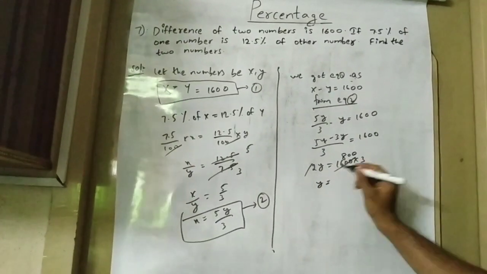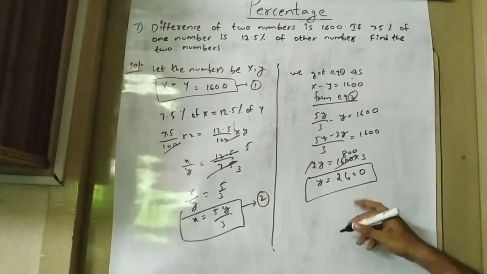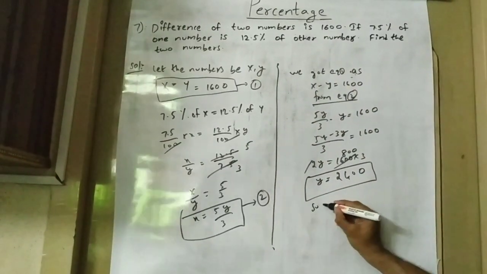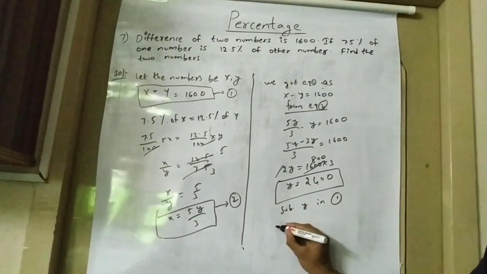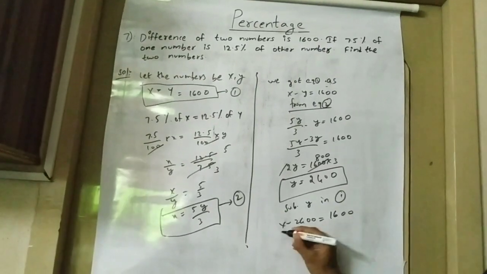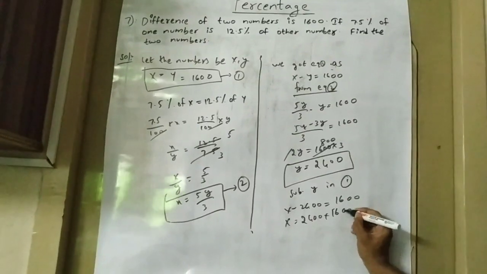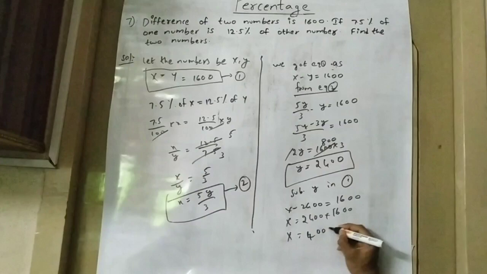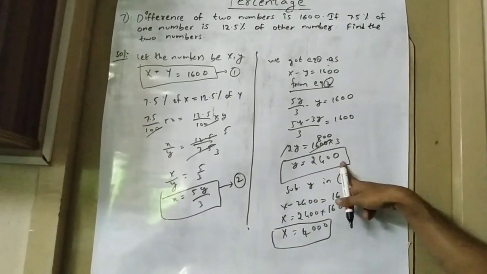So y is equal to 2400. So we got one number as 2400. They are asking for two numbers, so substitute y in 1. So x minus 2400 is equal to 1600. So x is equal to 2400 plus 1600. So x is 4000. So we got one number as 4000 and the other number as 2400.